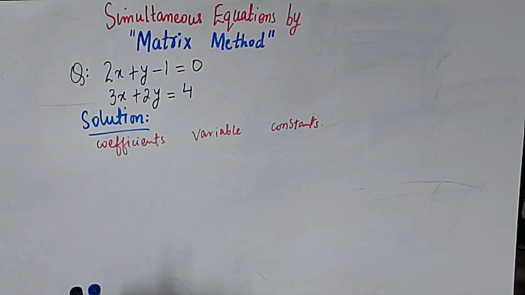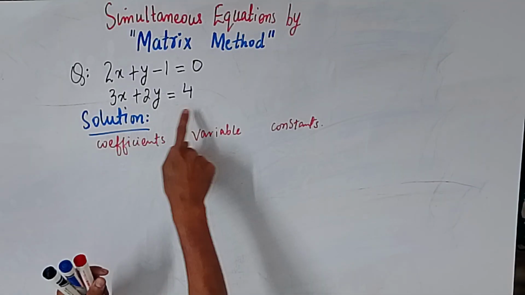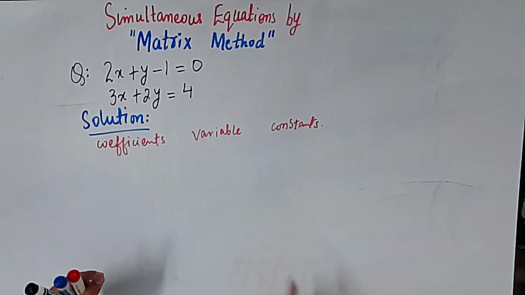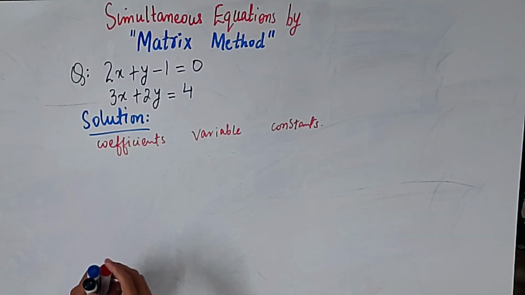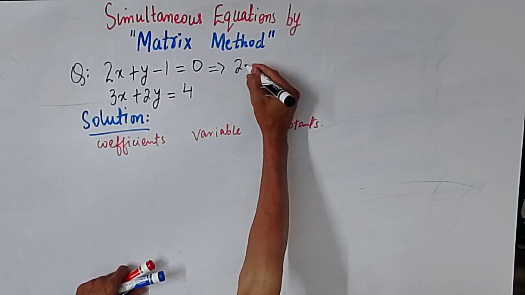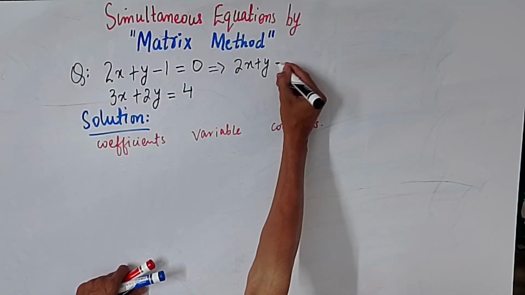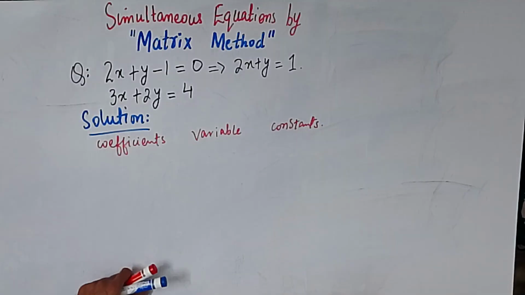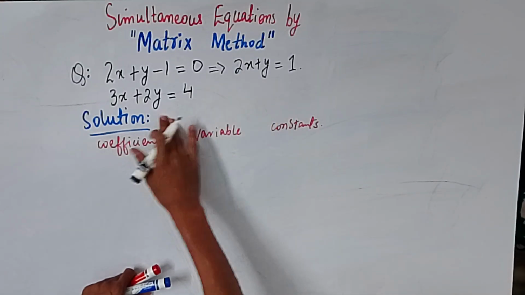So before writing the matrices, we need to understand one thing, that our equation should be in this form, in the way the second equation is written. So first of all, you need to make your first equation correct, and you should write it like this, to make things more easy.